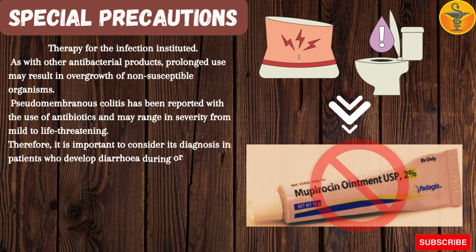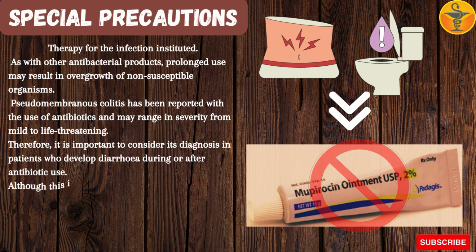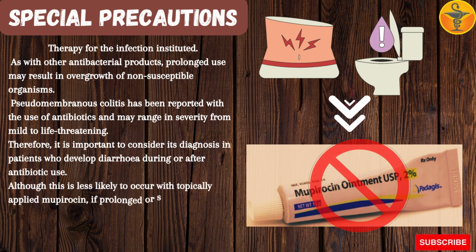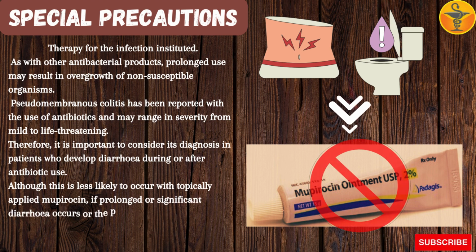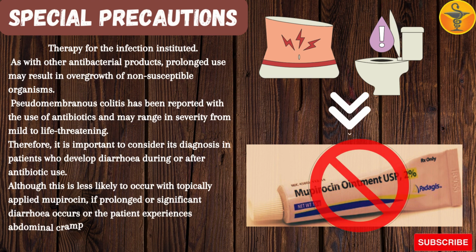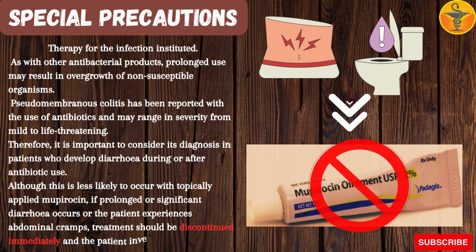Therefore, it is important to consider its diagnosis in patients who develop diarrhea during or after antibiotic use. Although this is less likely to occur with topically applied mupirocin, if prolonged or significant diarrhea occurs or the patient experiences abdominal cramps, treatment should be discontinued immediately and the patient investigated further.